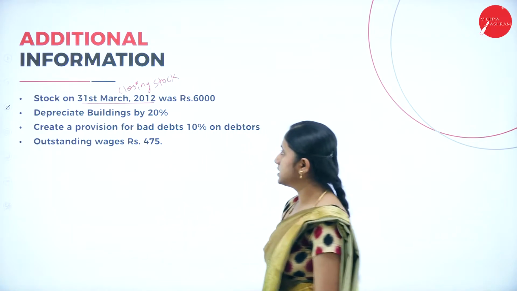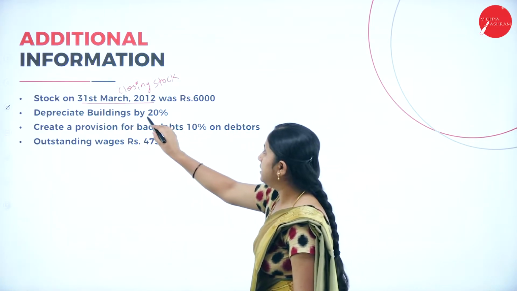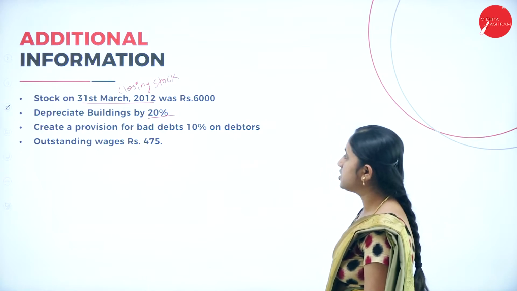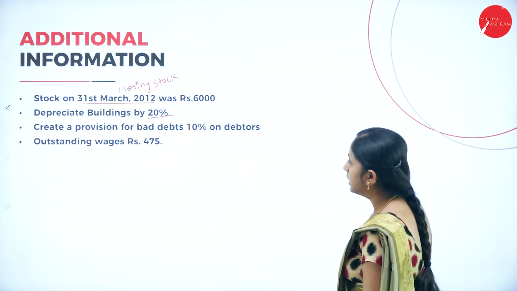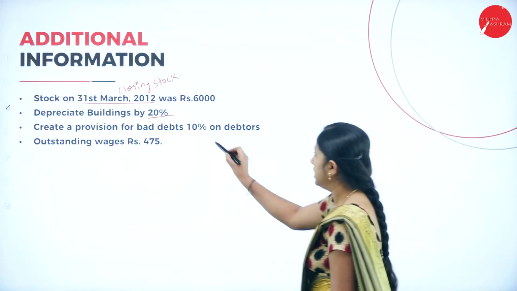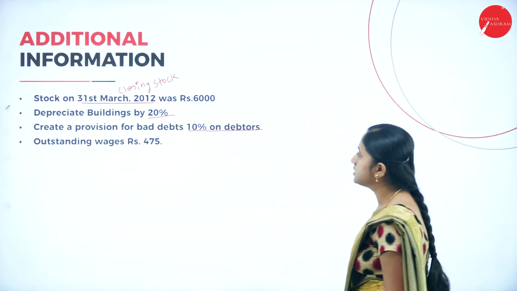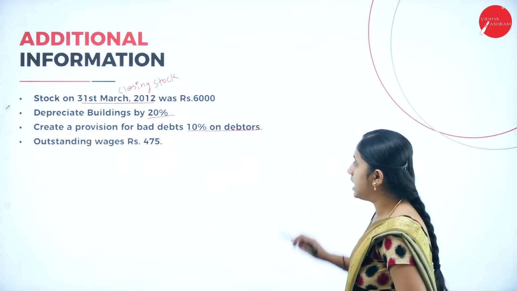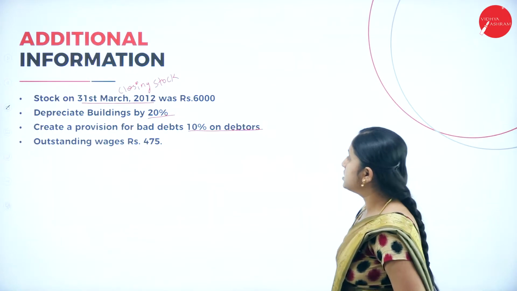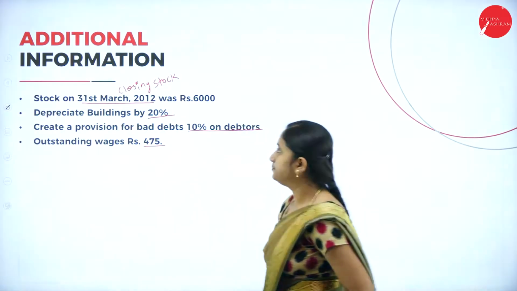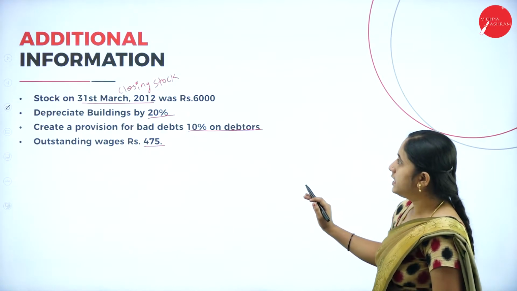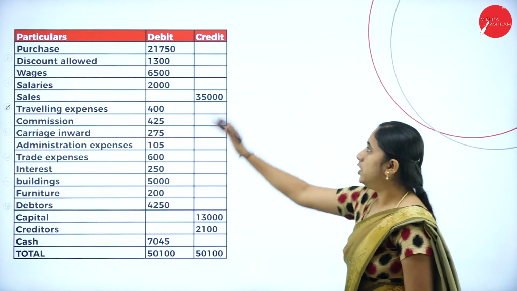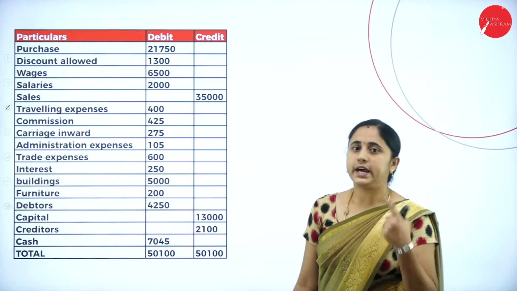Then depreciate building by 20%. Create provision for bad debts at 10% on debtors. Then outstanding wages 475.